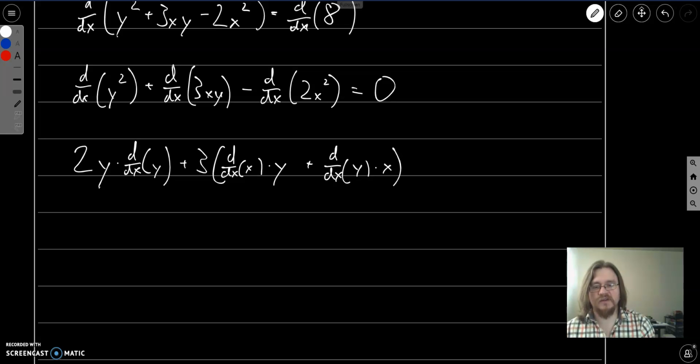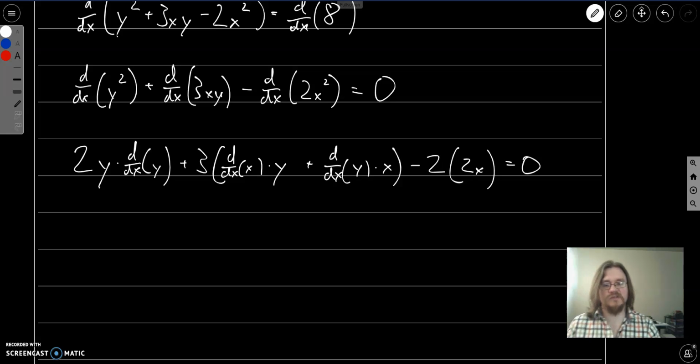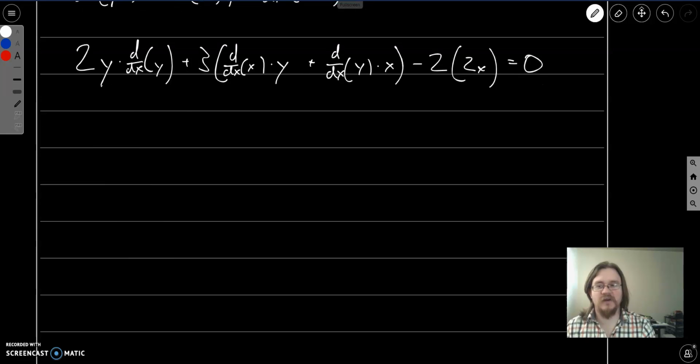And then the last one, we'll subtract the derivative of 2 times x squared. Well, again, the 2 can come out. The constant can come out of derivatives. And then the derivative of x squared is going to be 2x. And that is just going to be equal to 0. So we've got all of this, and now we just simplify.